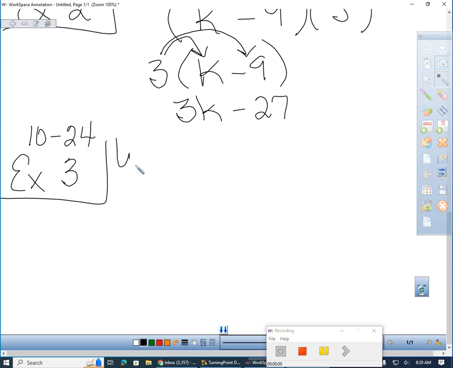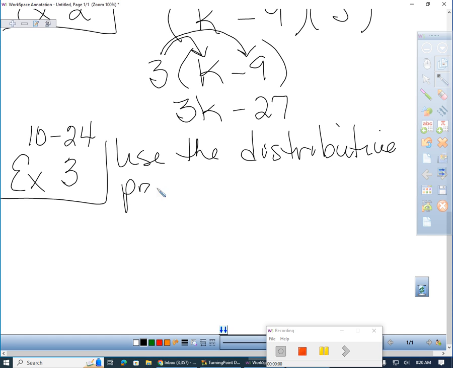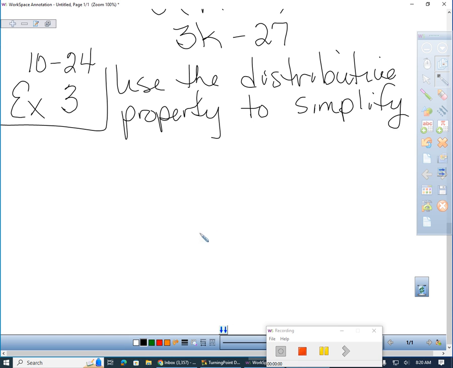It says, use the distributive property to simplify. All right, and maybe we have 6 times (1/2 x plus 10).